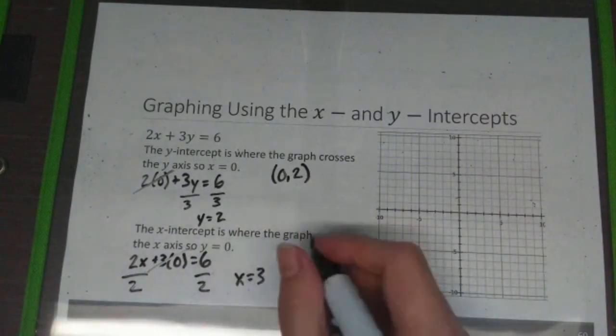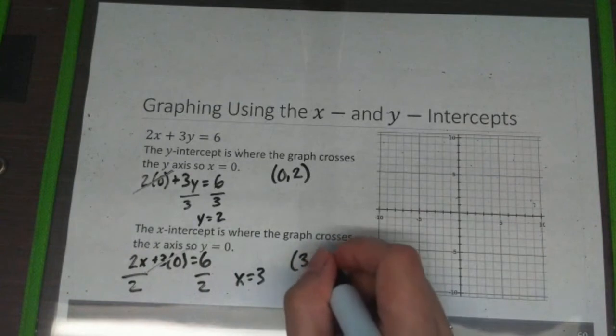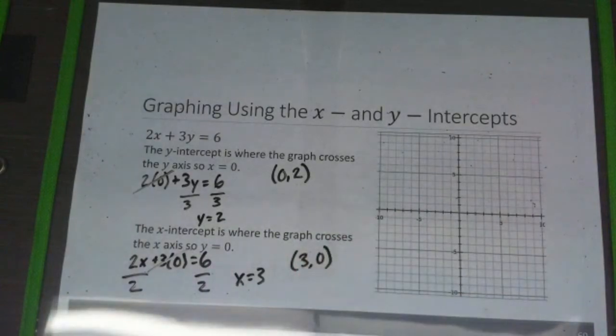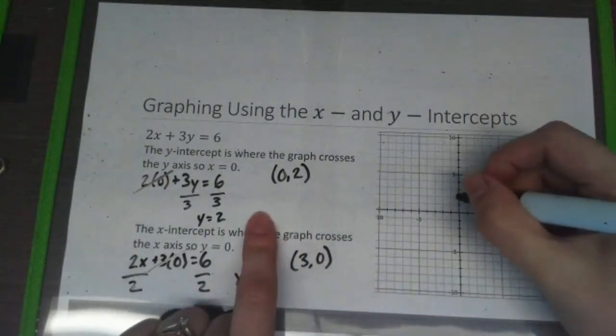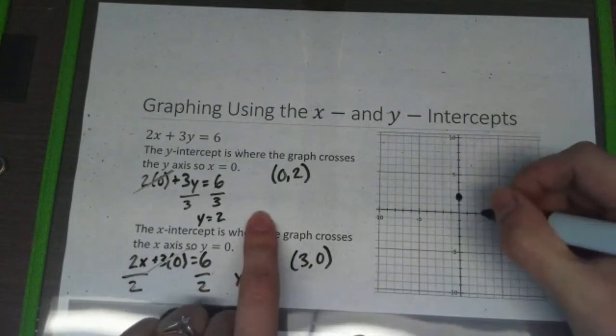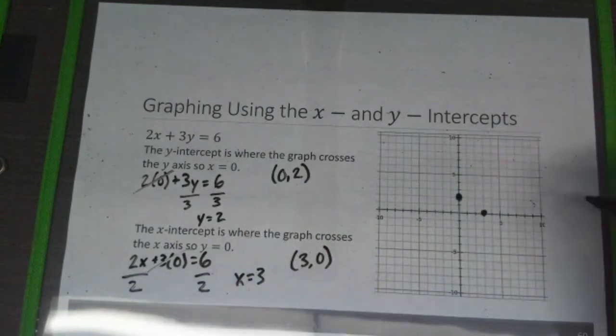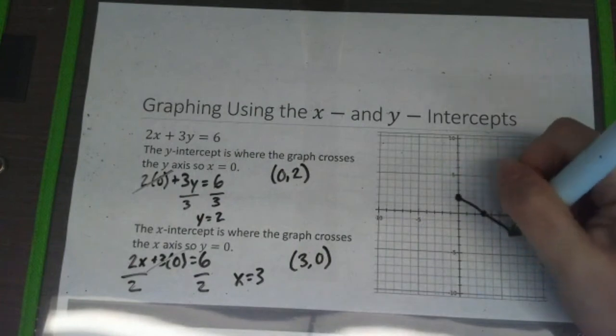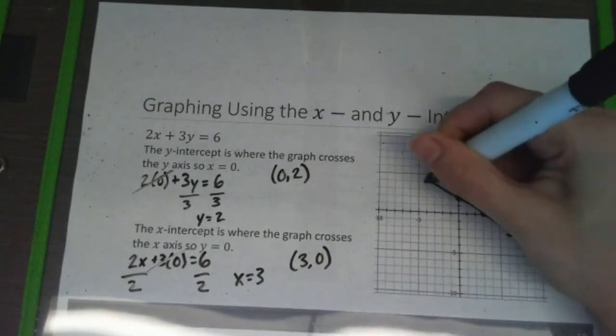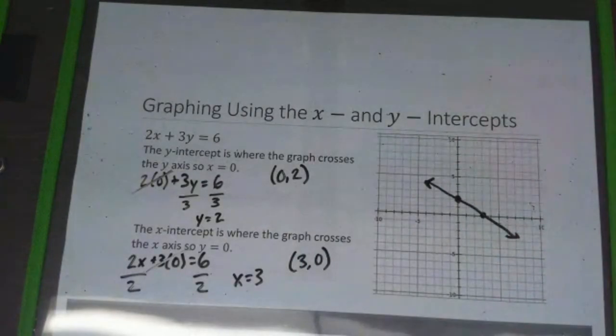So when x is 3, y is 0, we have the ordered pair (3, 0). Always remember when we're doing points, x has to come first. I'm going to plot these 2 points, (0, 2) and (3, 0). And 2 points is actually enough. If I play connect the dots, I have a line. So that's how we graph using x and y intercepts.